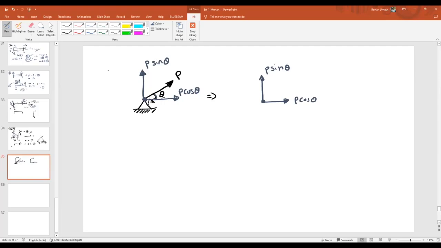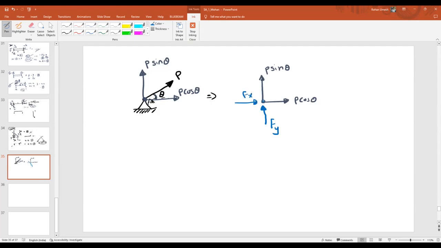Now, how many reactions will develop at point A? Two. As it is a hinge support, there might be some unknown force Fy, and also some unknown force Fx.